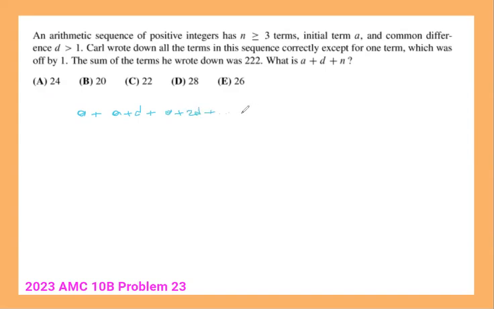And you keep doing this. If we have n terms, since we get the second term by adding 1d, and to get the third term we add 2d's, to get the nth term we are going to add n minus 1 d's. Which means the last term would be a plus n minus 1 times d. I hope that makes it clear.